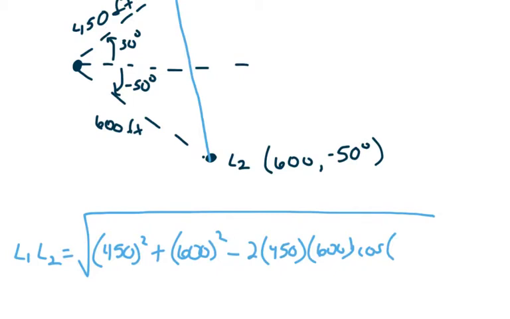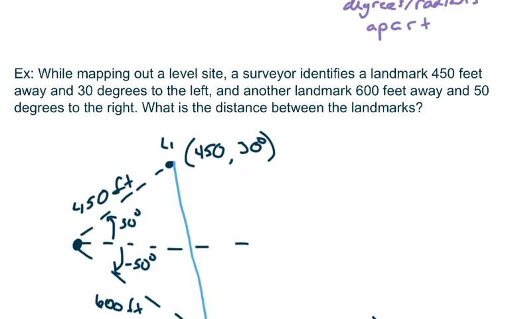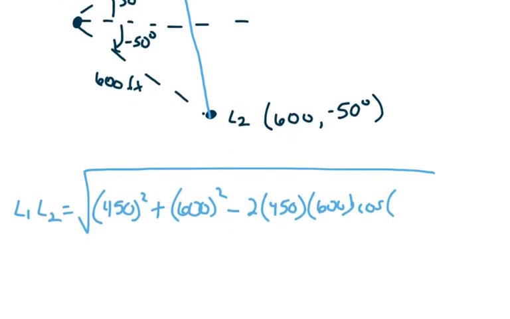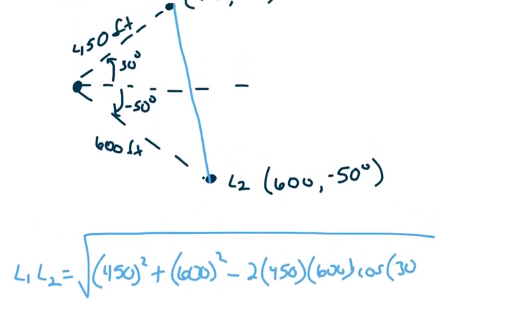Now, it really doesn't matter what order you subtract them in. Usually, well, I guess in my notes I did 30 minus -50, but in the formula here, it should probably be -50 minus 30. Either way, the cosine is going to be the same. So it doesn't really matter which way you do this. I'm going to go with what I had in my notes, 30 minus -50. And we're going to type all that into our calculator.